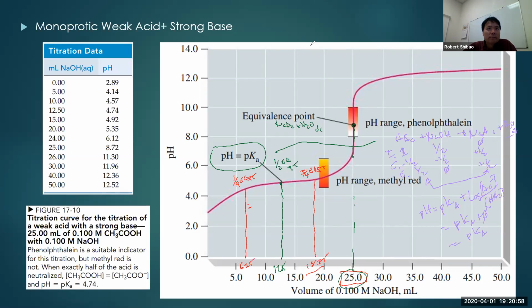Perhaps one of the easiest, in addition to the half equivalence point, to determine is the 10/11 equivalence point. Okay, we're very interested in the 10/11 and the 1/11 equivalence point.